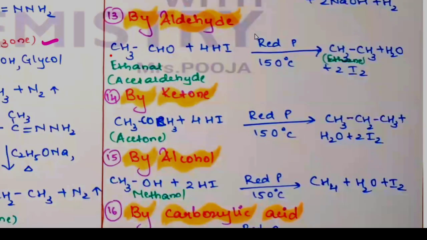Now, reduction of alcohol, ketone, carboxylic acid and aldehyde by heating them with red phosphorus at 150 degrees Celsius yields the corresponding alkane. Red phosphorus is used to remove iodine as volatile PI3. Otherwise, the reaction becomes reversible.